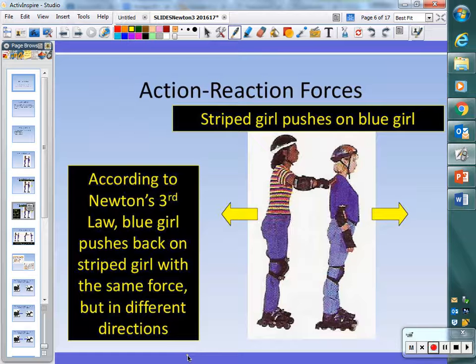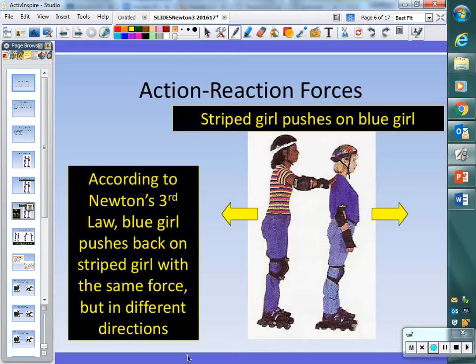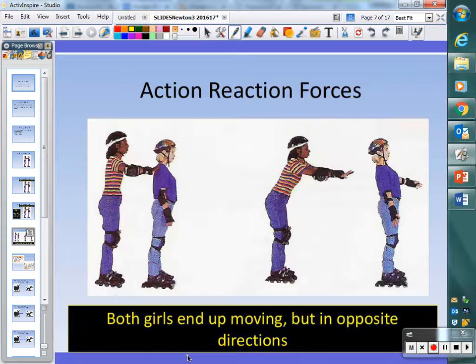Now, if we're just looking at this picture, what's going to start happening to blue girl? She's going to start moving to the right. Well, now we've added another force in this picture, but that force is on striped girl. So what's going to start happening to striped girl? She's going to start moving to the left. So in this case, both girls end up moving, but in opposite directions. Now, just because they feel the same force, does that mean they move the same amount?